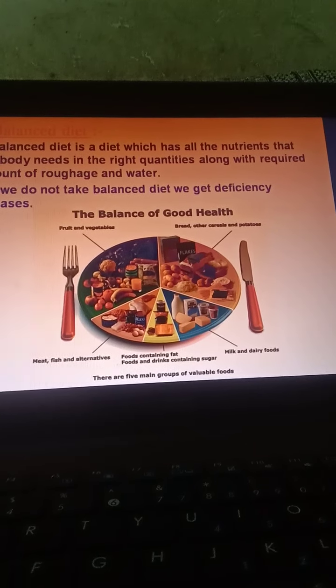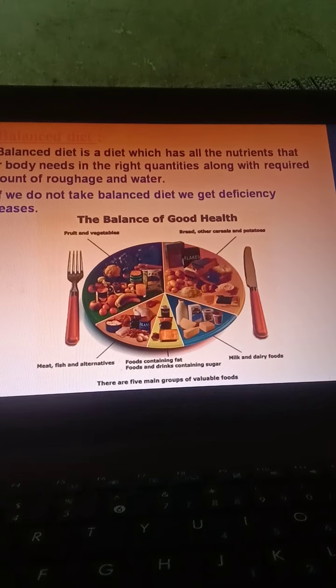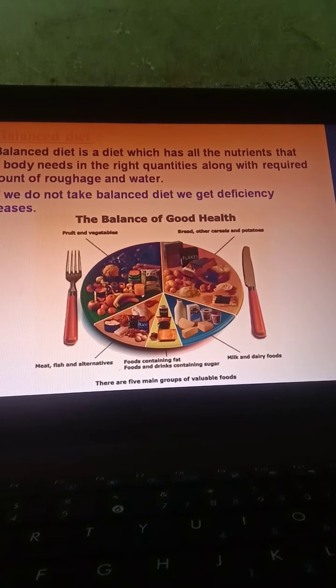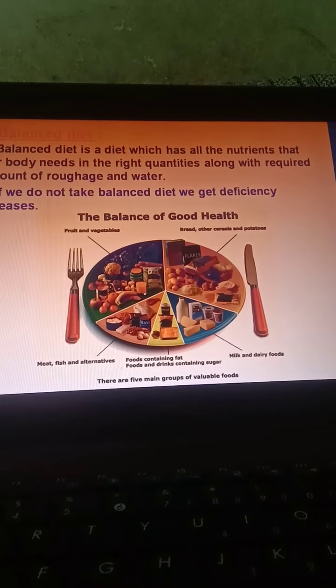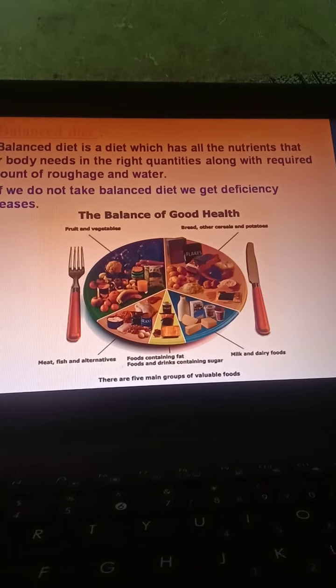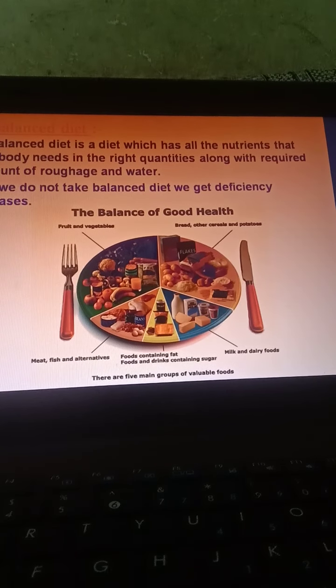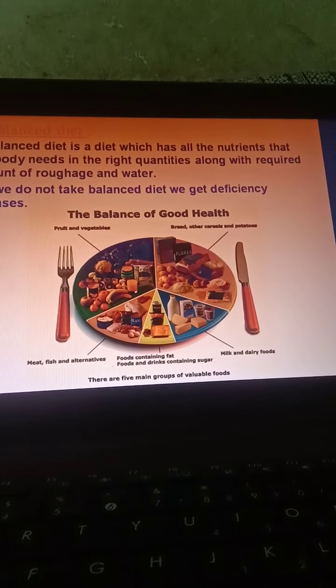What is a balanced diet? That diet in which all the nutrients which are required by our body are present in the right quantity. Also it contains roughage and water. It is called a balanced diet. If we take a balanced diet regularly, it keeps us healthy.